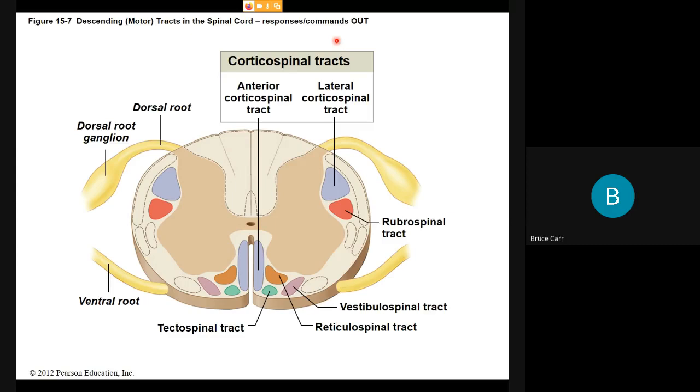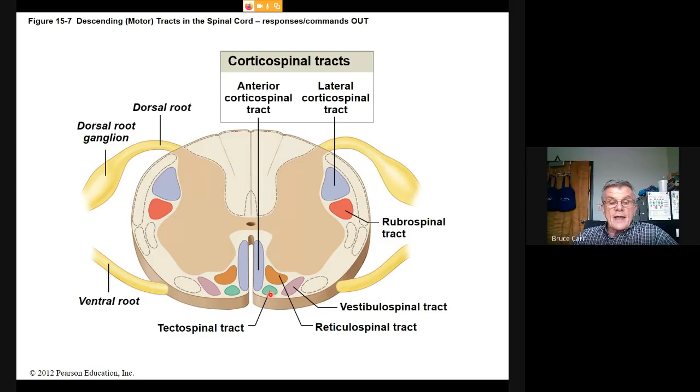body, but you'll notice that the sensory tracts that we just talked about, 1, 2, and 3 are now colorless. And these paired tracts, 6 in number, are the motor tracts in the white matter. The corticospinal tracts are the lateral and the anterior corticospinal regions. You'll notice rubrospinal, vestibular, reticulospinal are the other names for these paired tracts that reflect the left and right bilateral organization of the body.